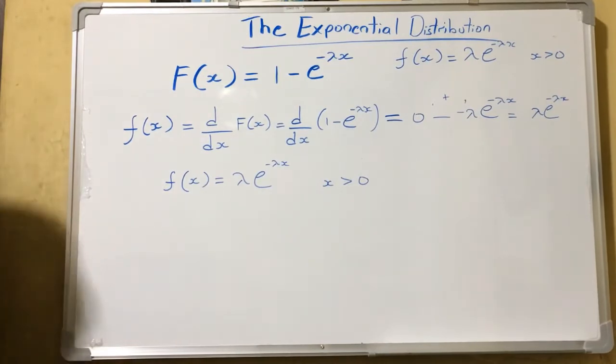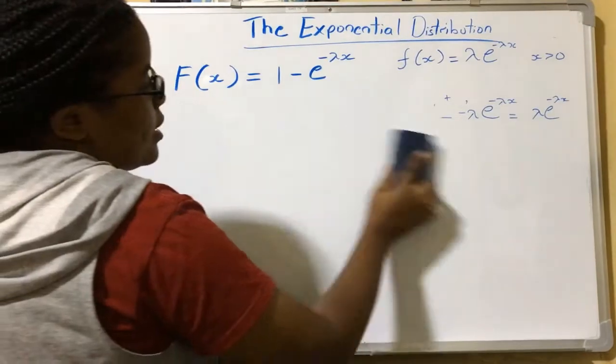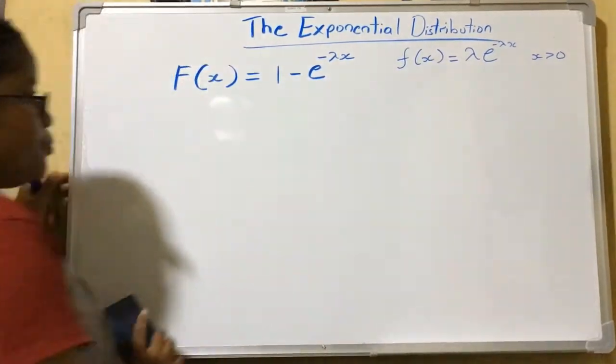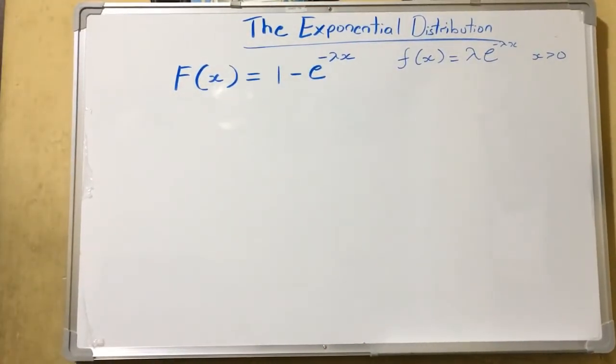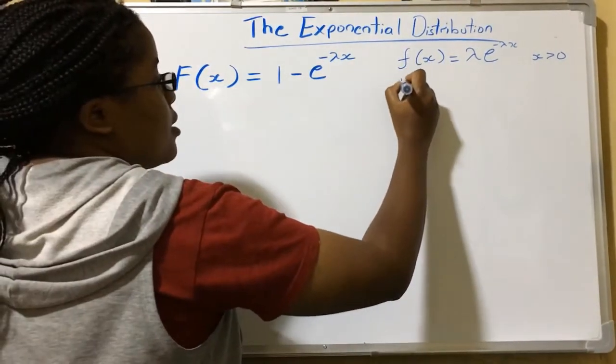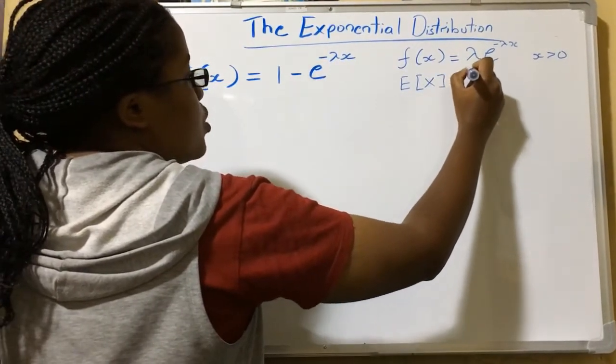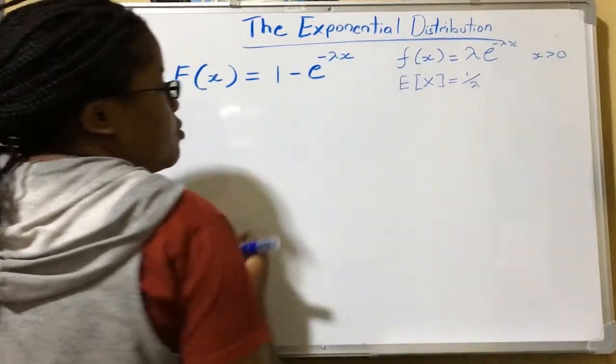How do you obtain the mean for an exponential distribution? The mean is first of all given by the expected value of x, which is 1 over its parameter.